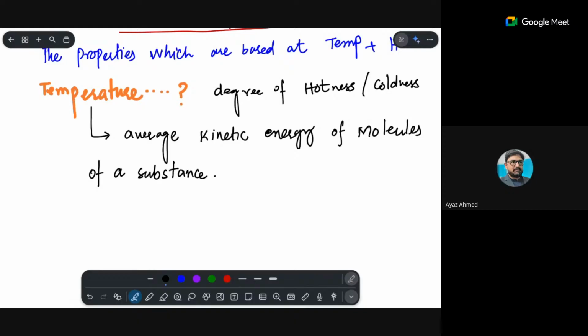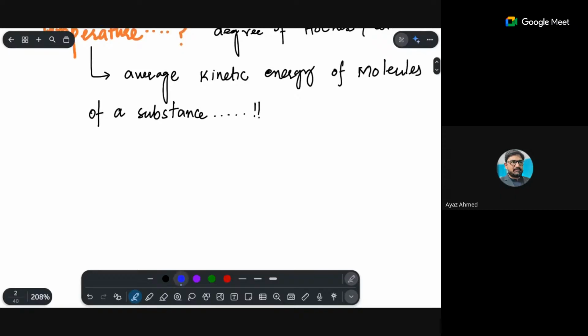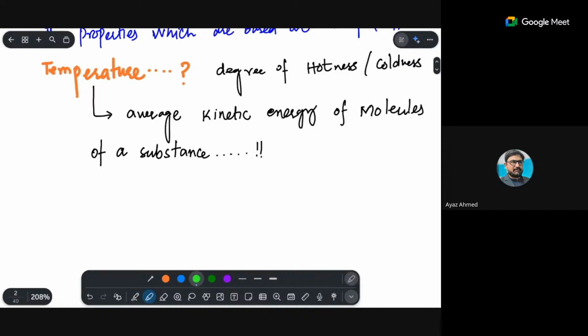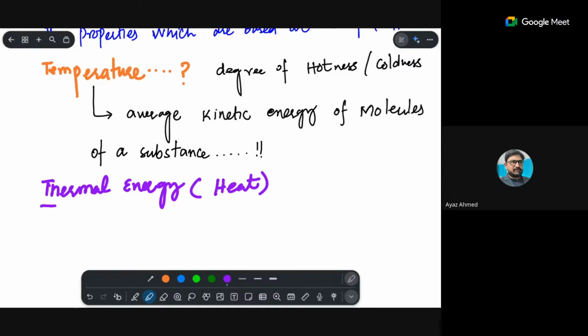So I have just mentioned that temperature is actually the average kinetic energy of the molecules of the substance, whatever you have. Now, the temperature is not actually the energy. So the next question is, what then is energy, or thermal energy, or heat energy? Heat is a very commonly used word. What is this heat?